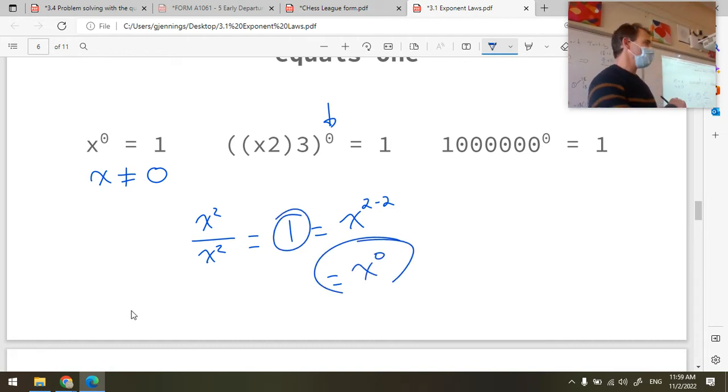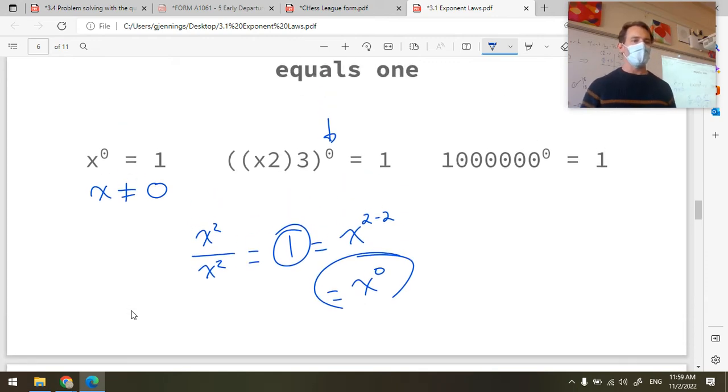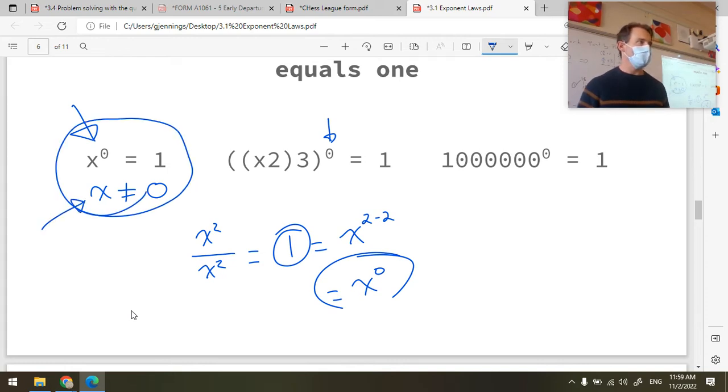So you can use other exponent laws to prove this one. Make sense? Cool. Carry on? Carry on. And you already have, this would be your algebraic model here. Like x to the 0 is 1, but x is not 0. It should have this restriction, and then it's robust. Then it's fine.